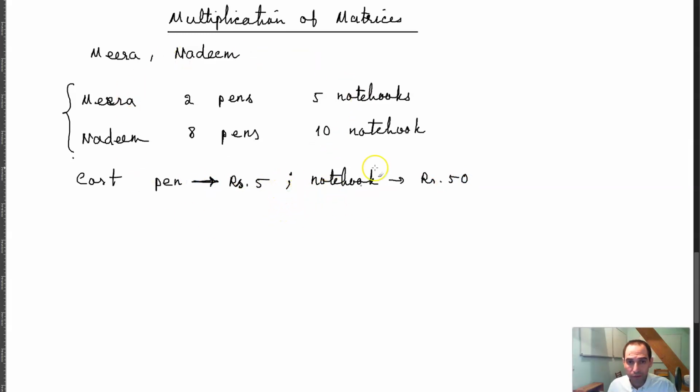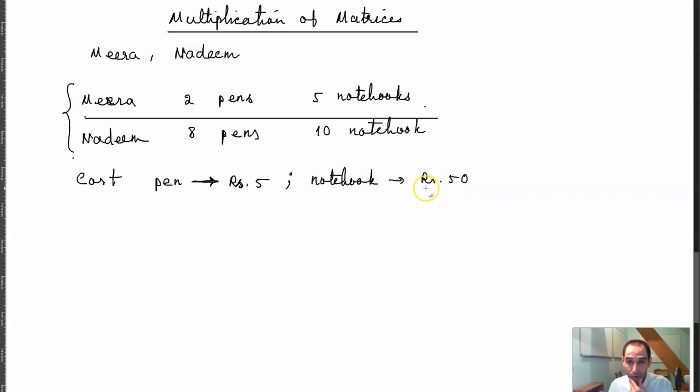So that's the situation that we have here. Mira needs 2 pens and 5 notebooks, and Nadim needs 8 pens and 10 notebooks. The cost of 1 pen is 5 rupees. The cost of 1 notebook is 50 rupees.